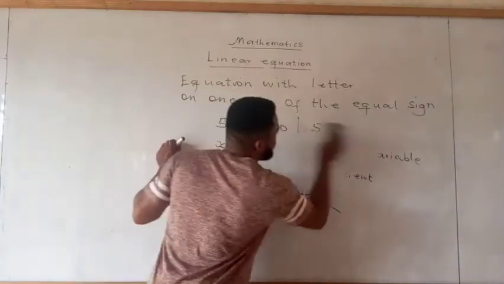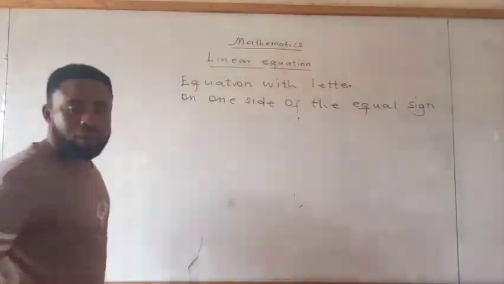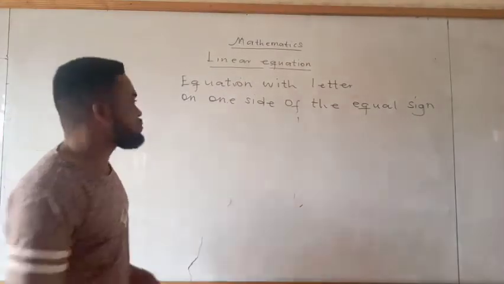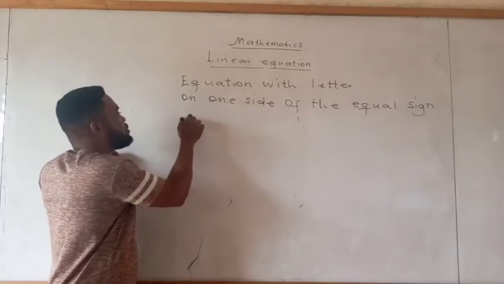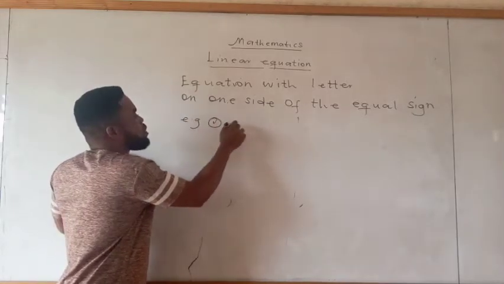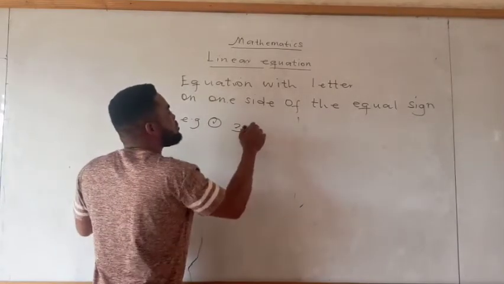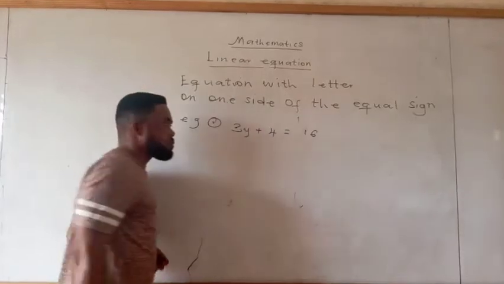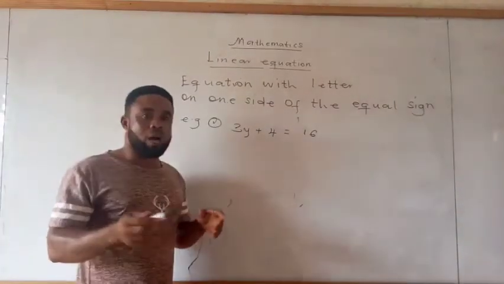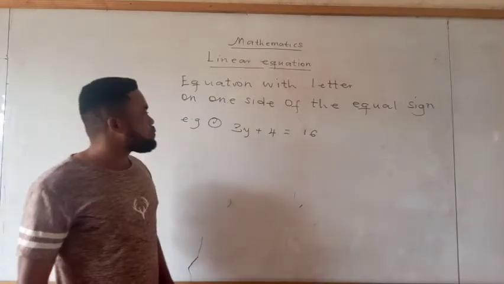Let's take example. Example 1. I have 3y plus 4 equal to 16. 3y plus 4 equal to what? 16.